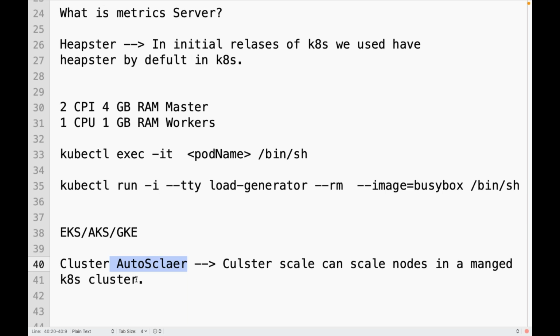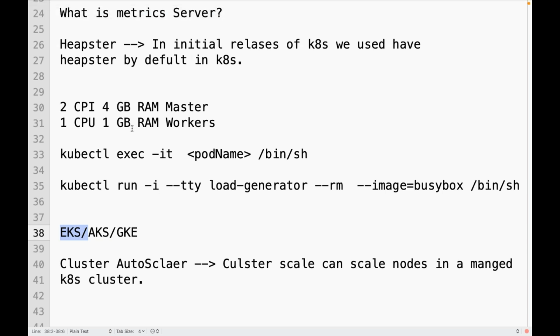So if I go for managed Kubernetes clusters, the way we have a pod autoscaler, can I have a cluster autoscaler, which means can I increase and decrease the nodes, the servers themselves, whenever the cluster is running out of resources? Yes. I will demonstrate this cluster autoscaler also when I go for EKS so that you can understand.